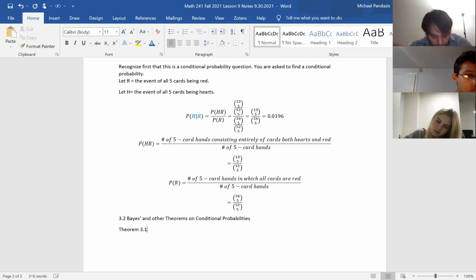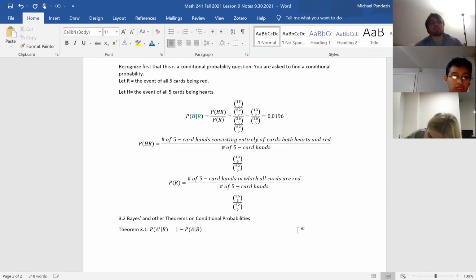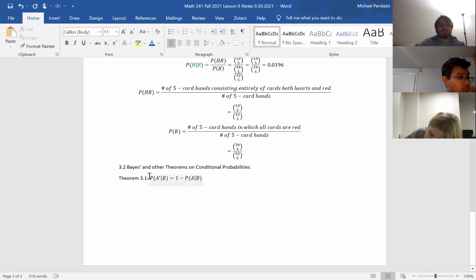So the first theorem is theorem 3.1, and this theorem says that the probability of A prime given B is equal to 1 minus the probability of A given B. So the probability of A prime given B is equal to 1 minus the probability of A given B. Okay, so that's the theorem.